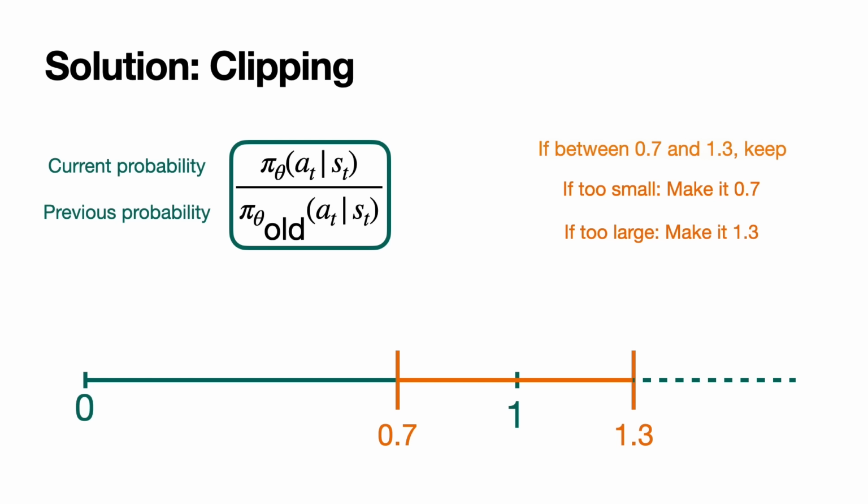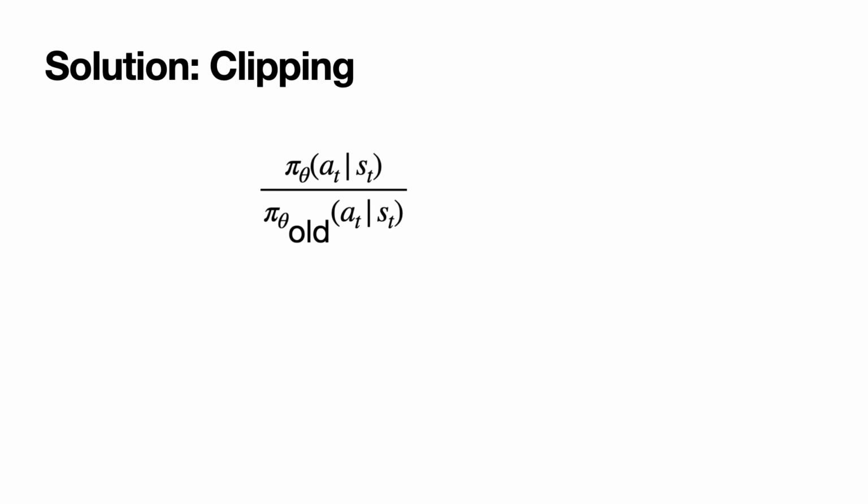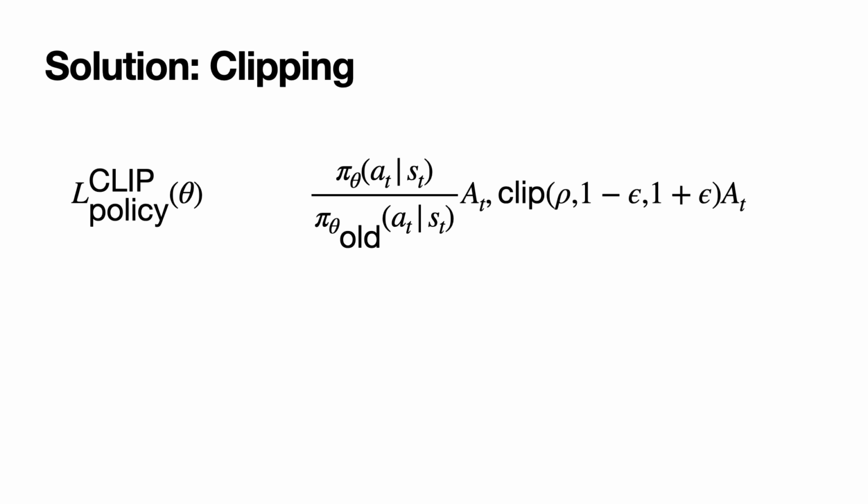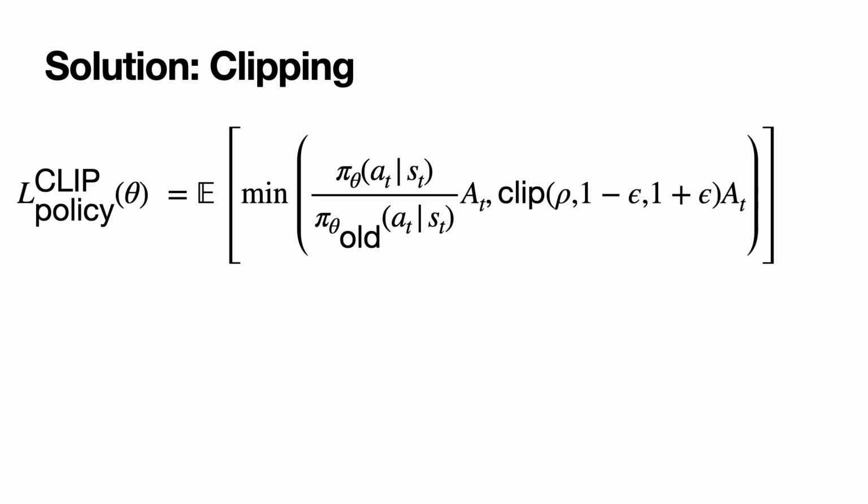And we can select that parameter. In this case, it was 0.3. We can select it to be anything we want. So this is how this surrogate objective function looks when it's clipped. We're going to call it L policy clip, and we're going to multiply this probability by the gain again, and then compare it with the clipping times the gain, and then take the minimum of these two.